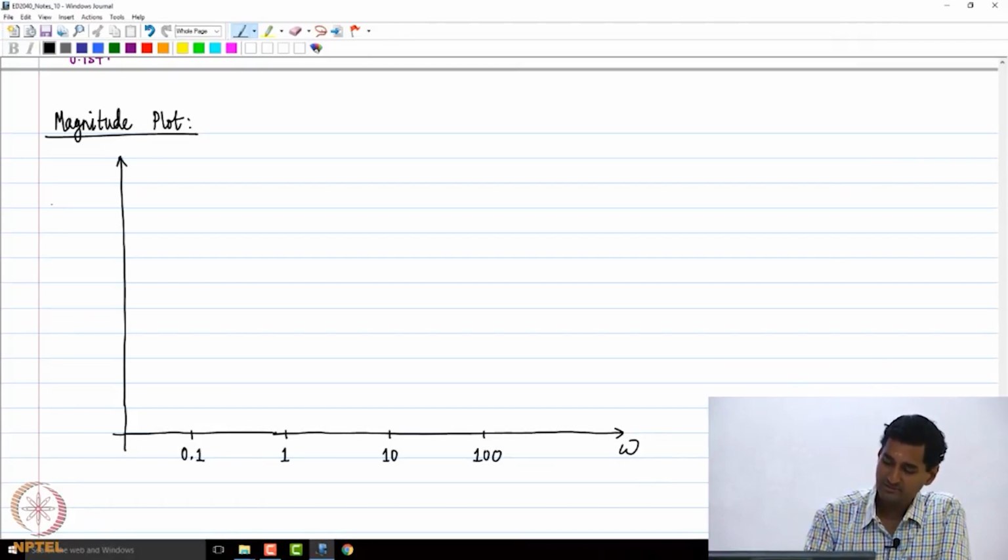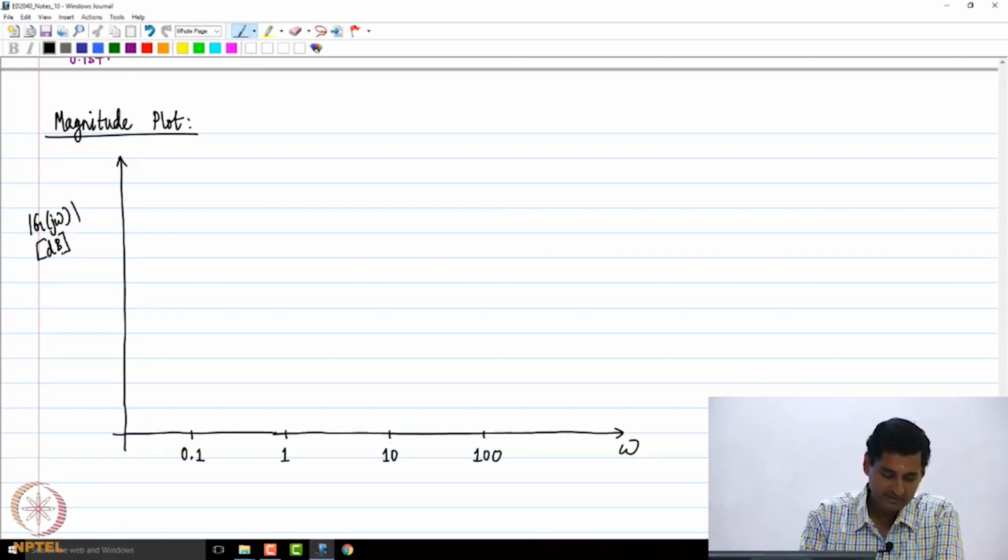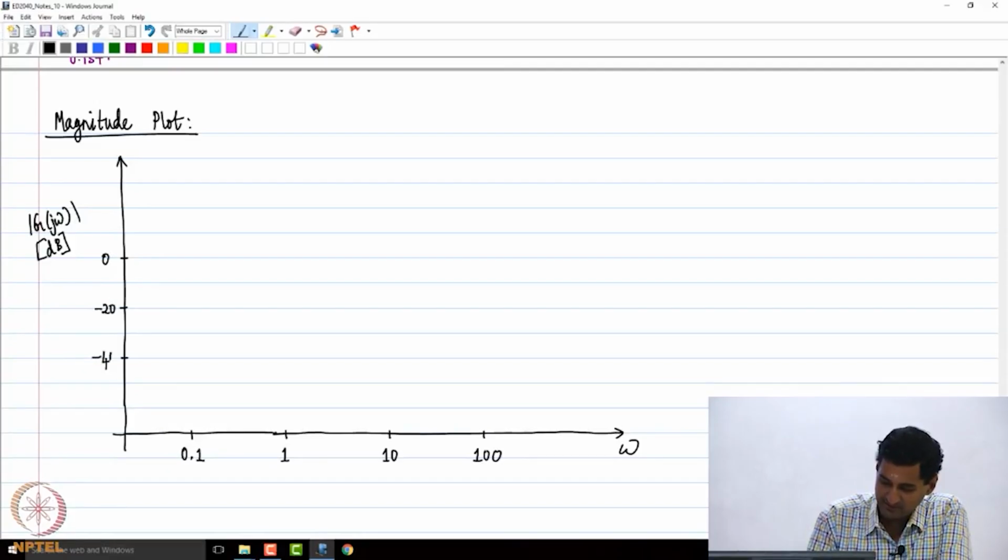So, on the abscissa we have omega, and on the ordinate we are going to plot the magnitude. So, on the vertical axis we will have the magnitude in decibels. So, let us say I have 0 decibels, minus 20, minus 40, minus 60, plus 20 and so on.